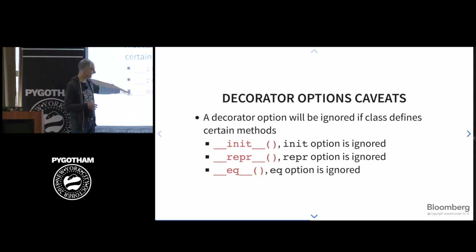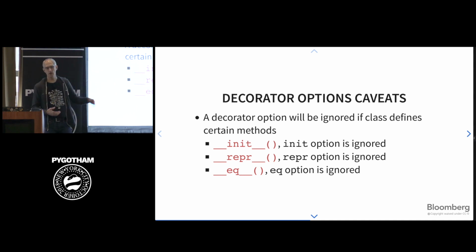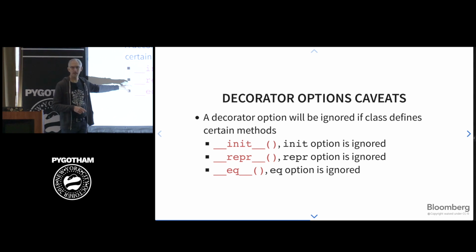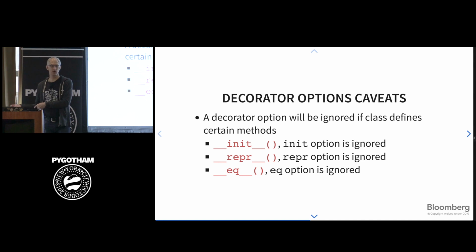And again, if I have a dunder equal, then the equal option is ignored. What this basically means is that I can use the naive at data class and have one or all of these defined in my class without having to step into the more complicated definition of the decorator.